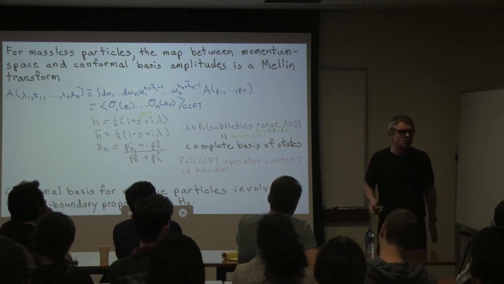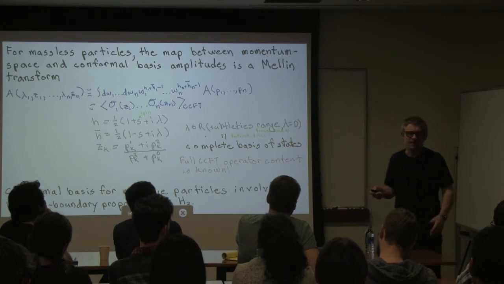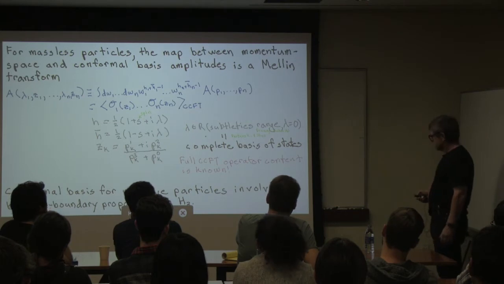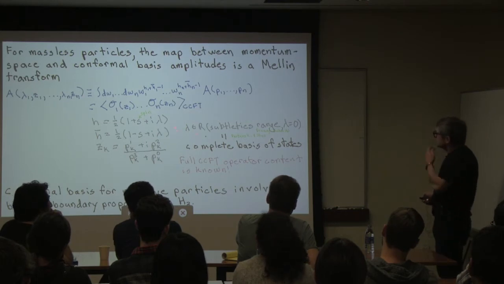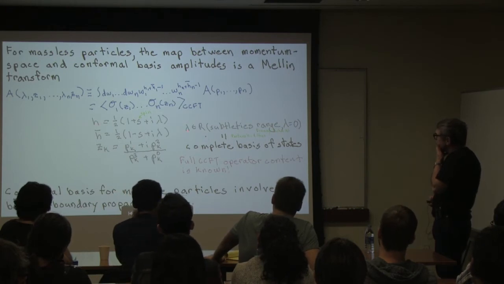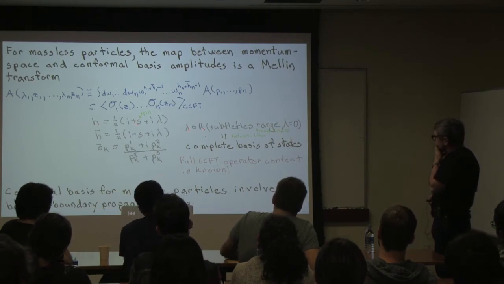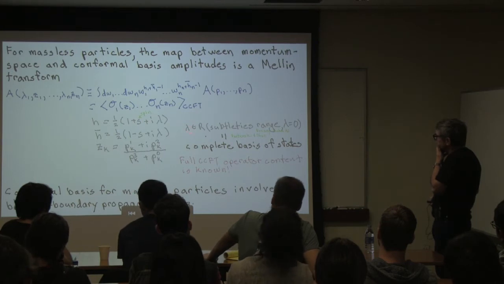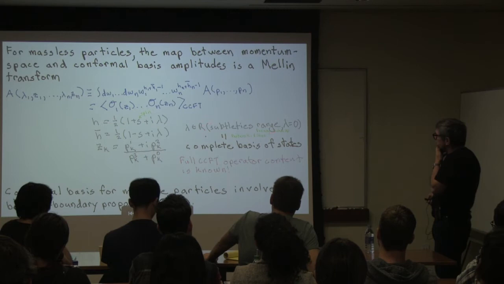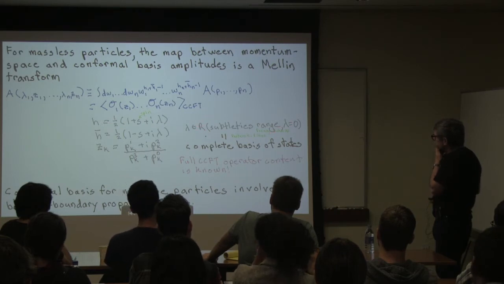So what values of lambda are we supposed to be including? What I wanted to say is the range of lambda for completeness. For a massless field, lambda runs over R, and let me ignore subtleties at lambda equals 0.